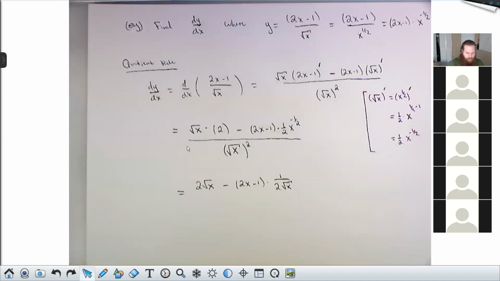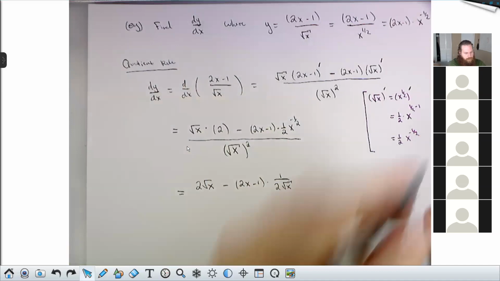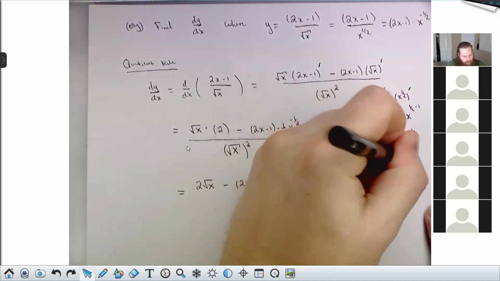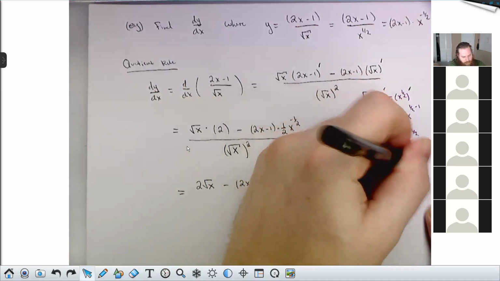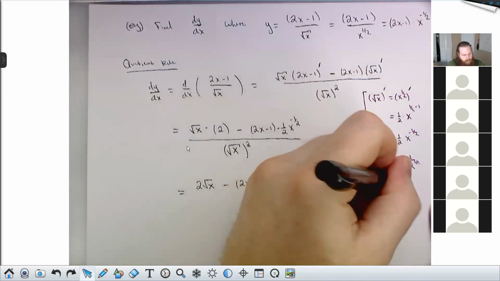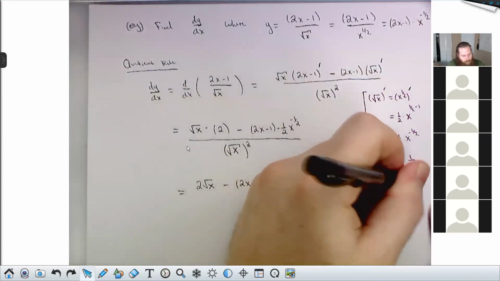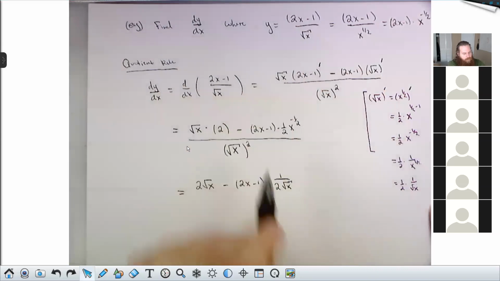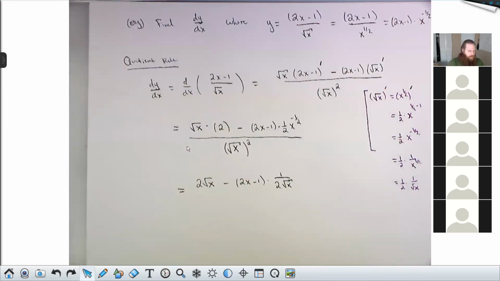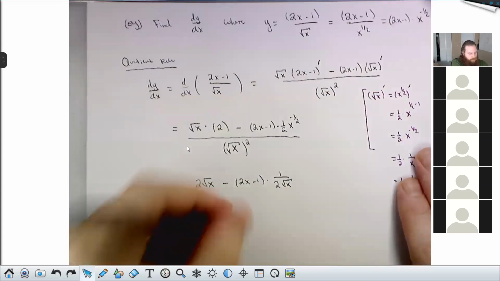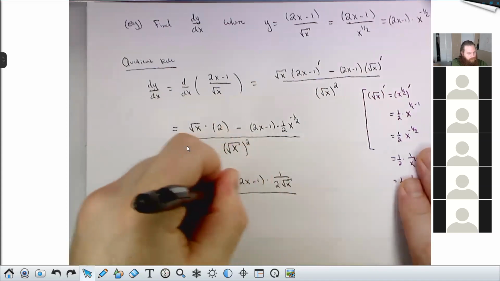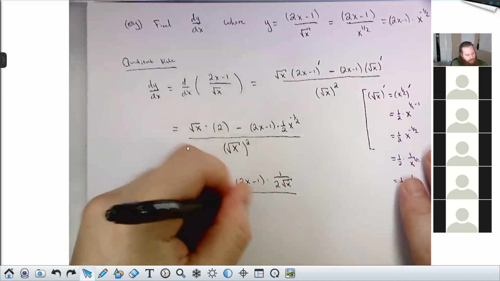All right, what's the algebra there? Well, x to the negative 1/2 is 1 over x to the 1/2. So this is 1/2 times 1 over square root of x, which is 1 over 2 root x. And then downstairs, I still have root x all squared, which I'll just go ahead and write as x.